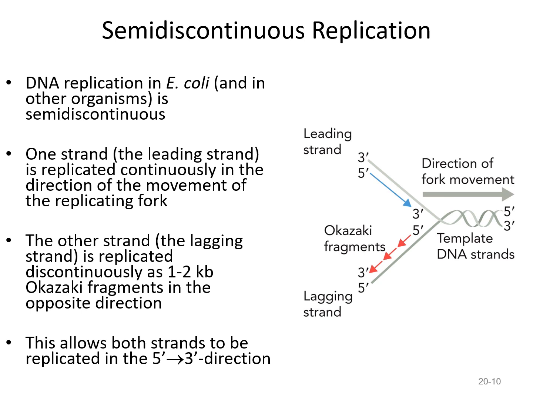Each fragment is about 1 to 2 kb long. And this part also synthesizes 5' to 3', however, discontinuously. This mechanism allows both strands to replicate in the 5' to 3' direction. Okay, the direction of the replication fork movement is 5' to 3'.